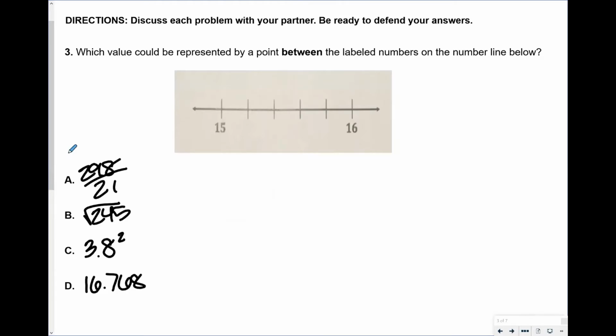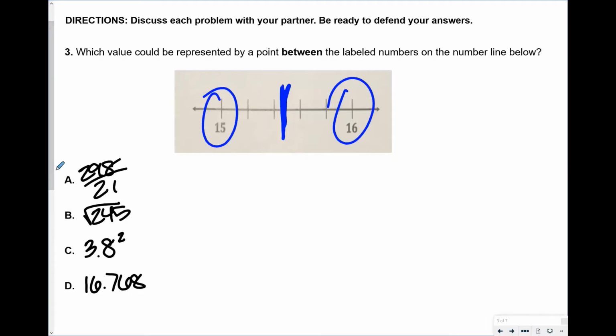We've got 15 to 16 on the number line. So we're going to do the exact same thing: turn them all into decimals and see which point is between 15 and 16. We're trying to look at what's in between.